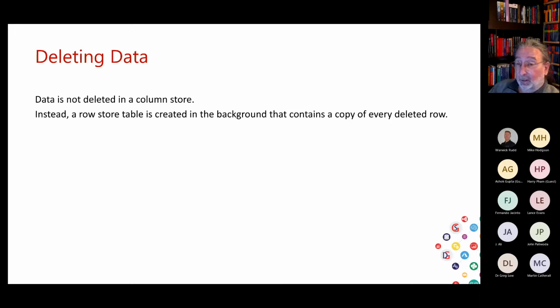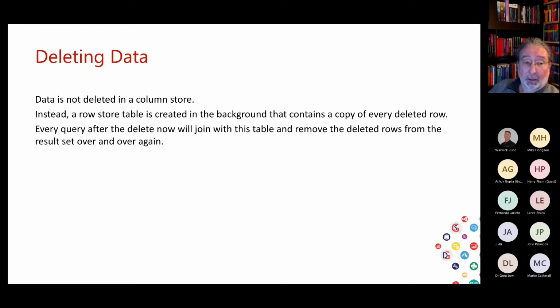Yeah? Column store will just not delete. The only way to fix it is to rebuild the column store once you deleted rows. So deleting data in a clustered column store, very bad idea. Performance goes immediately downhill. So you can clean up by rebuilding the column store.